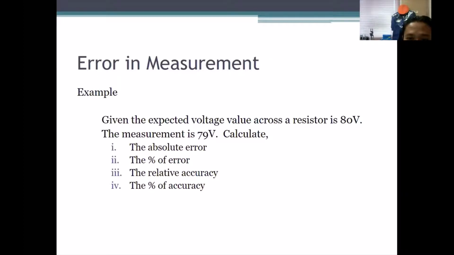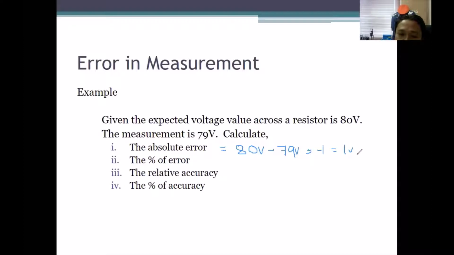For example, the absolute error here will be the expected 80 volts minus 79 volts, so it will be negative 1. Because this is absolute error, it will be 1 volt. The error will be 1 volt.